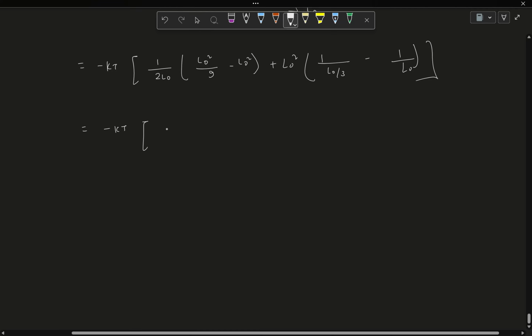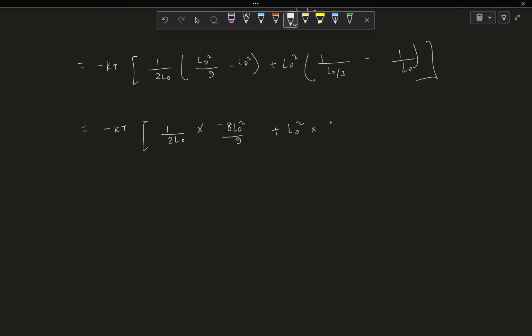So this is minus KT, 1 by 2 L naught into, this is minus 8 L naught squared by 9 plus L naught squared, this is 3 by L naught minus 1 by L naught, so this is 2 by L naught.